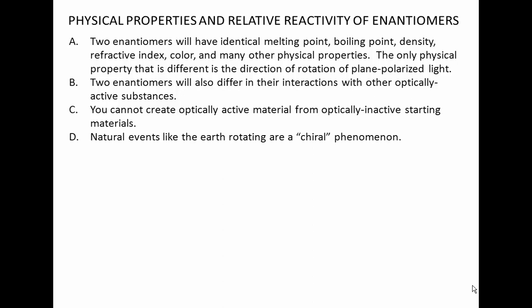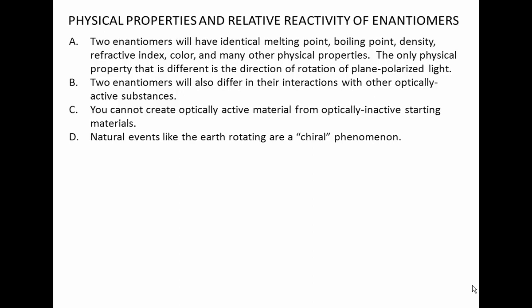Obviously, there's a lot of chiral things. How do they become chiral to begin with? There's no really good scientific explanation, but it probably relates to the fact that a lot of natural phenomena are actually chiral events, like the fact that the Earth is turning so that the sun rises in the east is a chiral event.